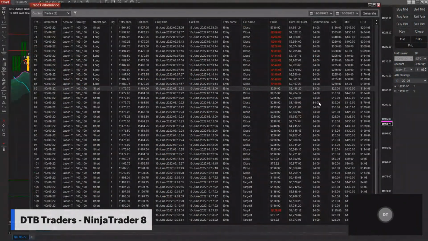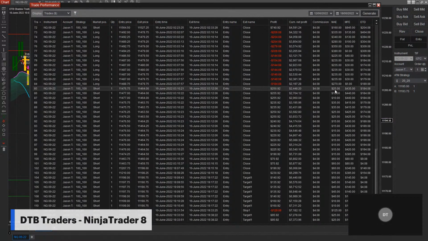What this does is tell you the result of the trades you took. But it also tells you your max average excursion, or max average something. I don't care too much about the terminology of it. I guess you can find out what that is.